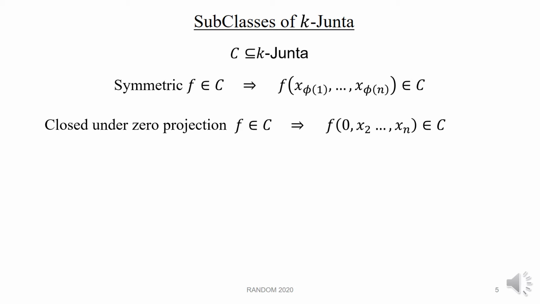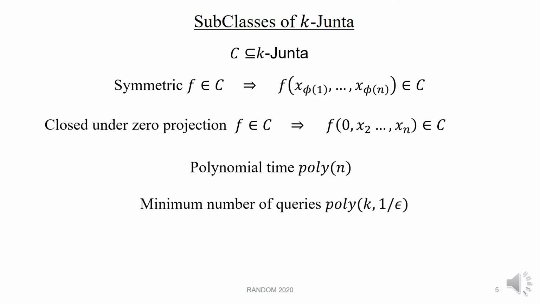That is, if f is in C, then projecting any variable to 0 gives a function in C. Now all the interesting classes known from the literature satisfy those two properties. For such classes, we're interested in testers that run in polynomial time and ask a minimum number of queries independent of n.